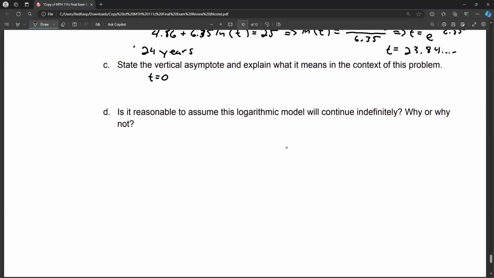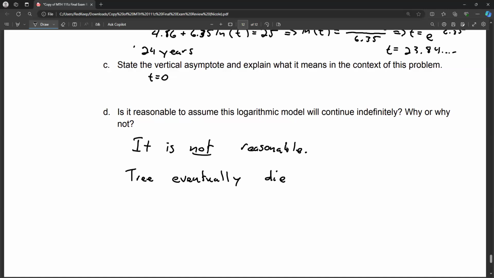I think, obviously, we all kind of come to the same conclusion that it is not reasonable. Some of your thoughts might be, trees eventually die. And I think that would probably be the best. They get sick, they get cut down, whatever it is.